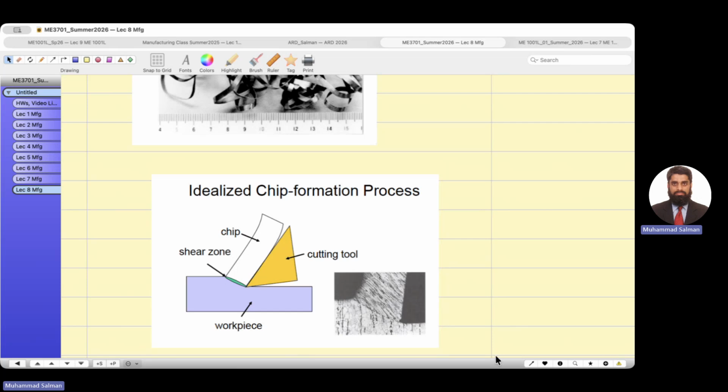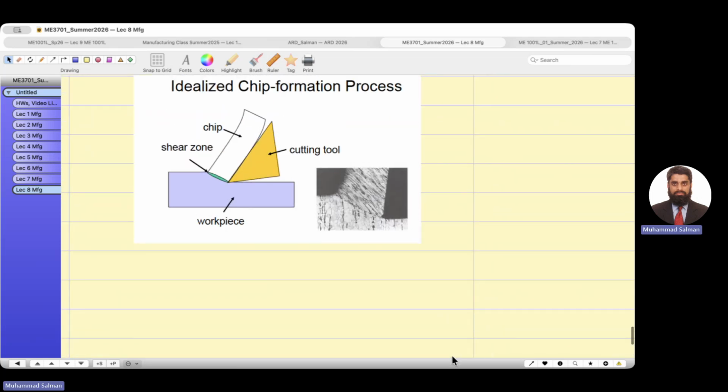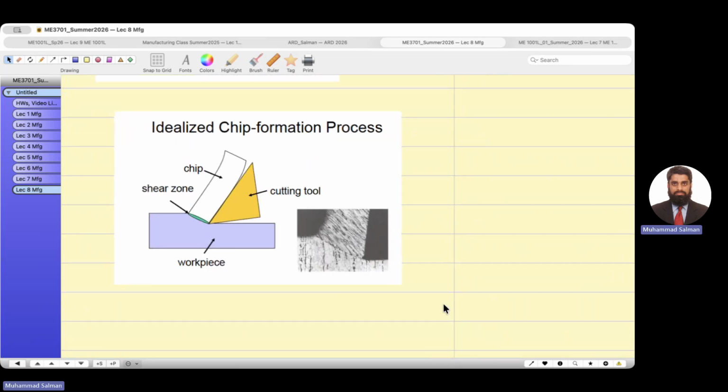So now let me tell you what orthogonal cutting is. Suppose this is a tool, and you see the tool is coming, we will understand the word orthogonal. Ortho means 90 degrees. Look, how is it 90 degrees? You might be confused, professor.